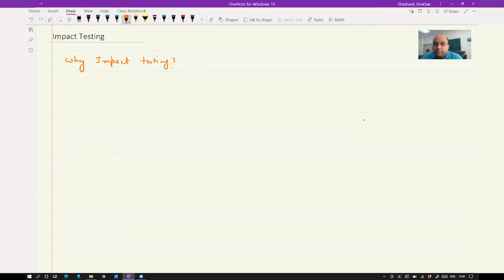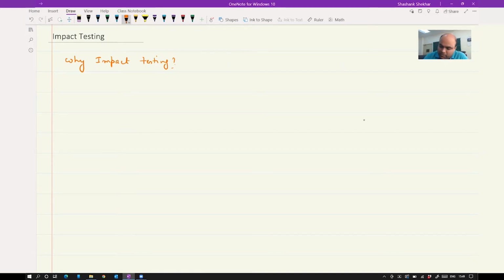Okay, especially say impact testing. So impact testing also has a very high strain rate. Okay, so in that scenario, the material's behavior is going to change, and that is one of the reasons why we need to study impact testing.